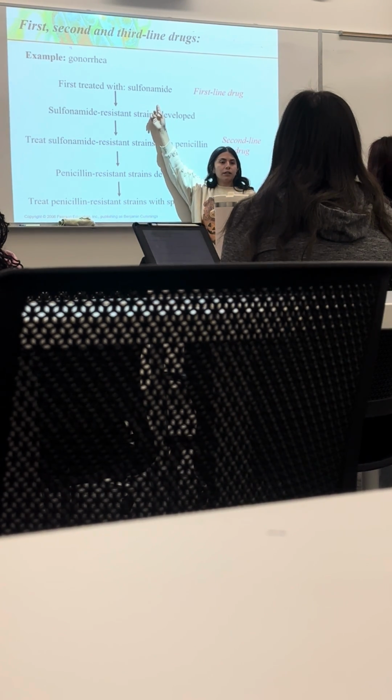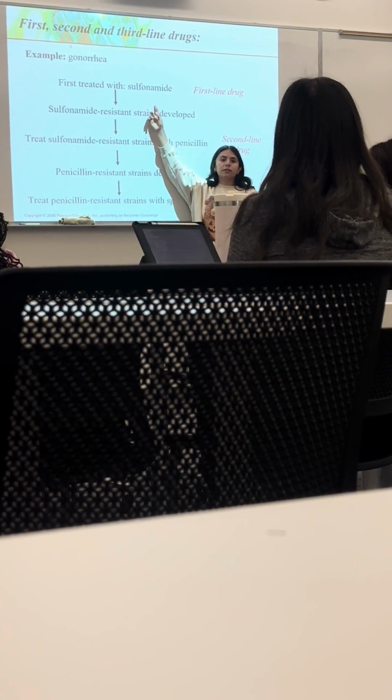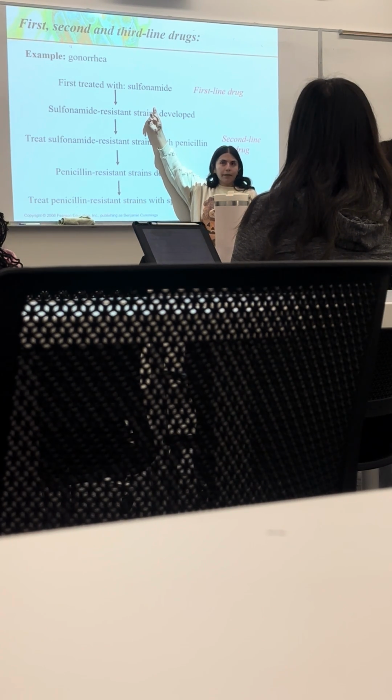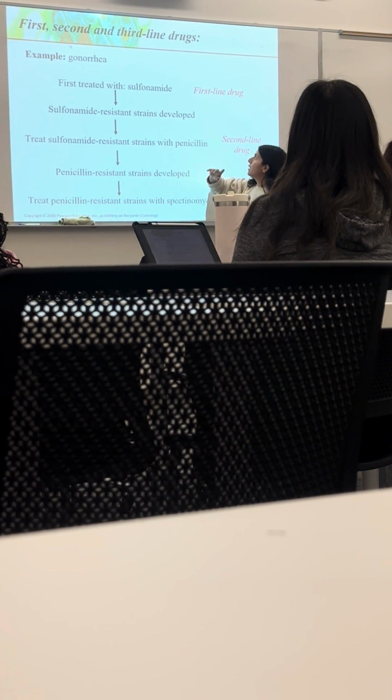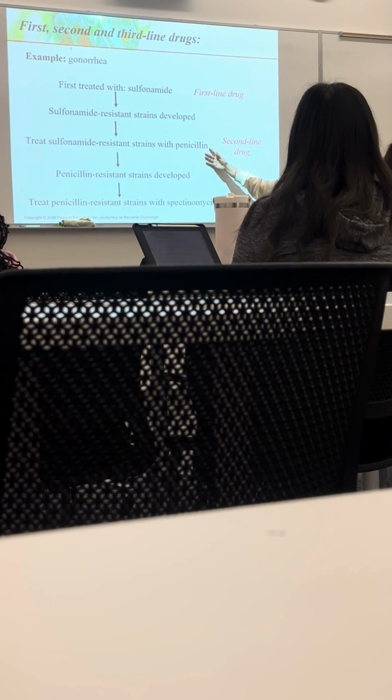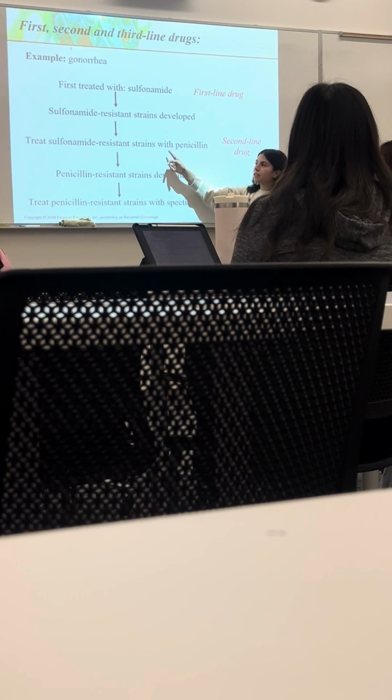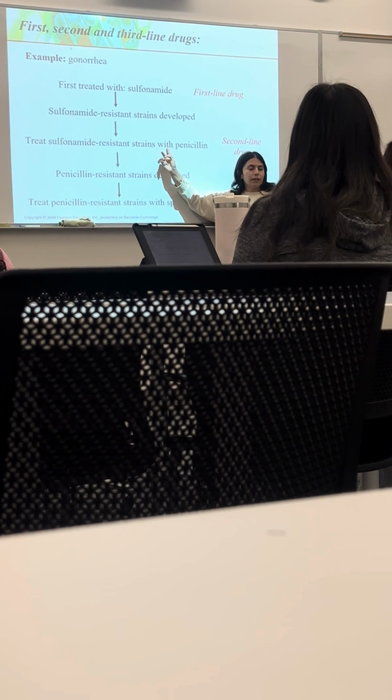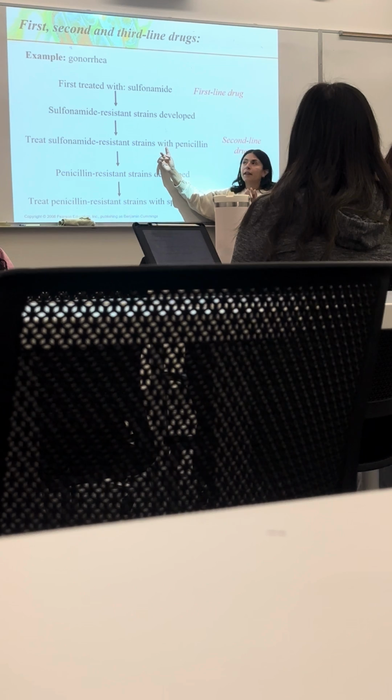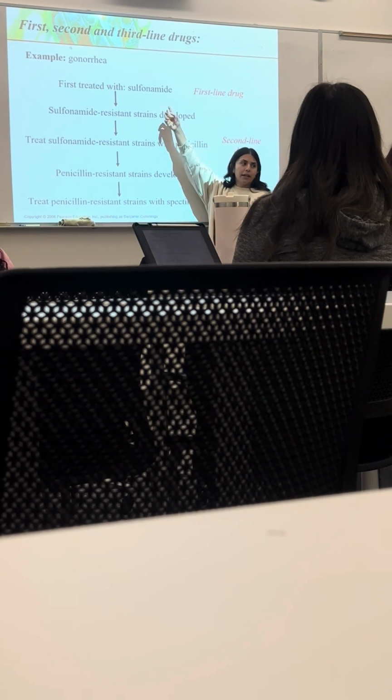So you have a strain of gonorrhea bacteria that sulfa doesn't work on, so it's resistant to sulfa, okay? Then you're like, okay, I'm gonna give penicillin, okay? You give penicillin, and then all of a sudden, oh, now it has a beta-lactam ring. So now you have a gonorrhea that is resistant to sulfa, and it's resistant to penicillin, right?